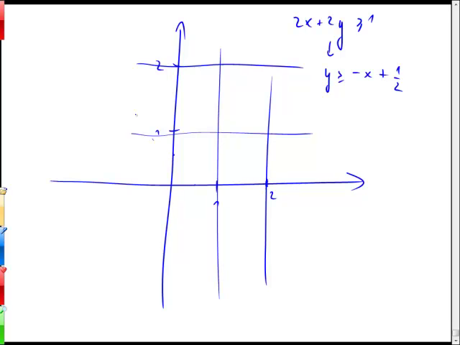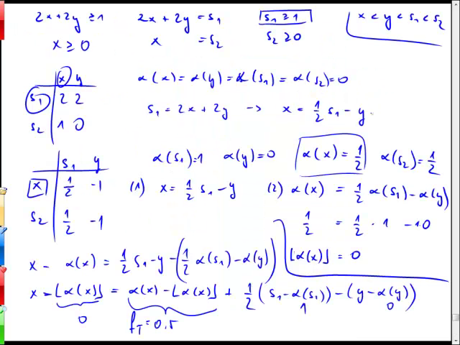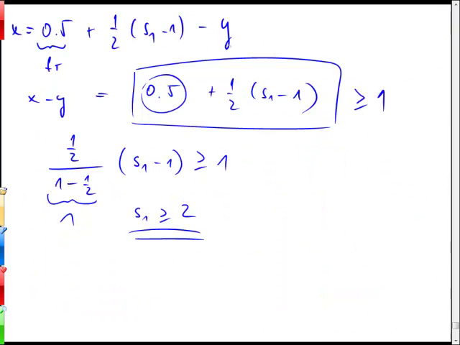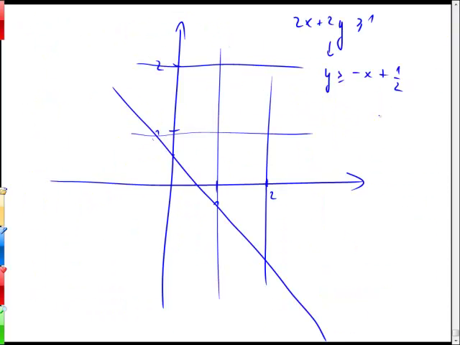So this is something like this. This was my original constraint. And now we got the new constraint that S1 is larger or equal to. That means 2x plus 2y larger or equal to is the new constraint. And from 2x plus 2y larger or equal to, I get that y is larger or equal minus x plus 1.